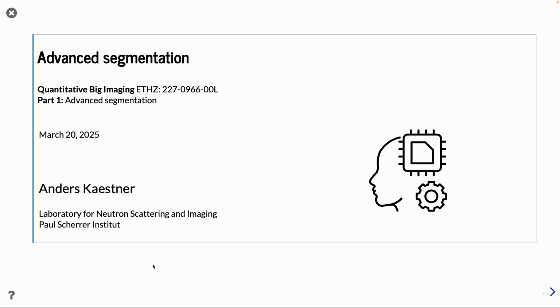First, are there any questions about last week's lecture? No? So then we can go on with the advanced segmentation. Last week we talked about looking at the histogram, problems determining information from, for example, radiographs, seeing that there can be a lot of ambiguities.